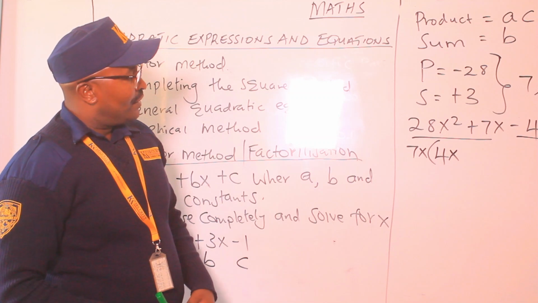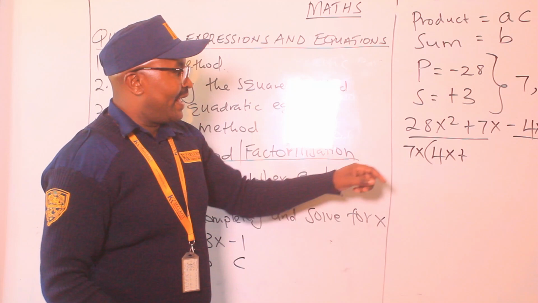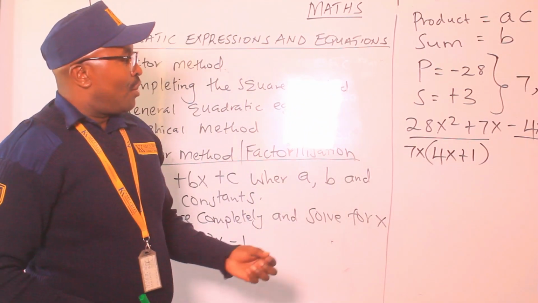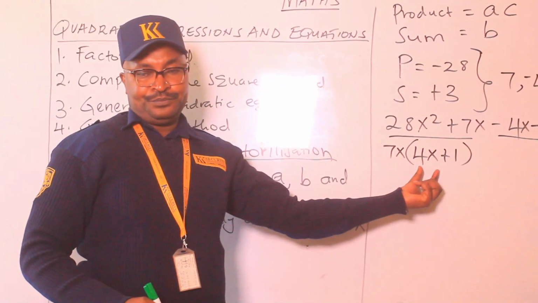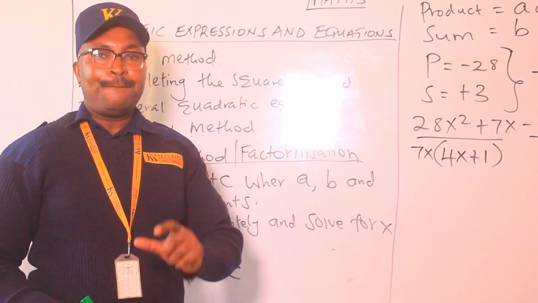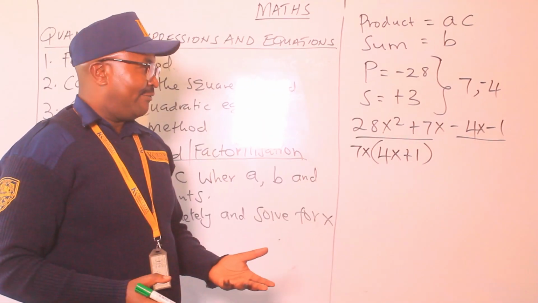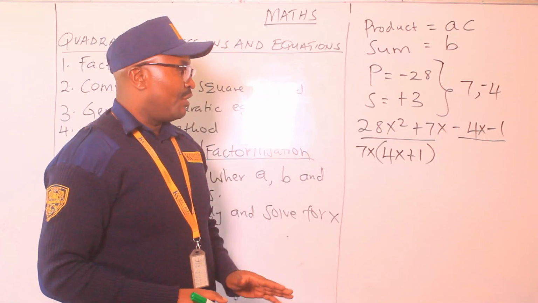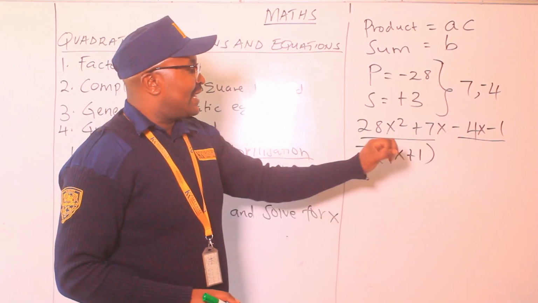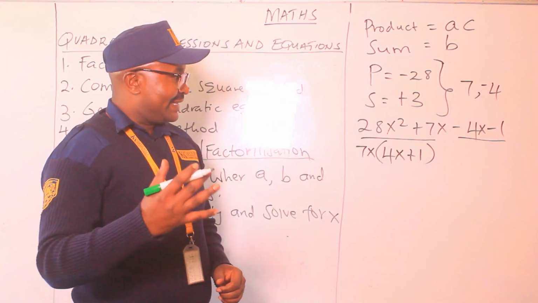Then plus, 7x divided by 7x gives positive 1. Now, what you have gotten in our first bracket must be the same in our second bracket. So you ask yourself, which number will be the common divisor so that you can get 4x plus 1 in our second bracket.